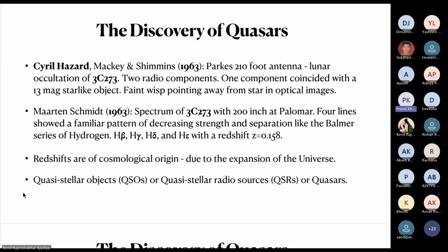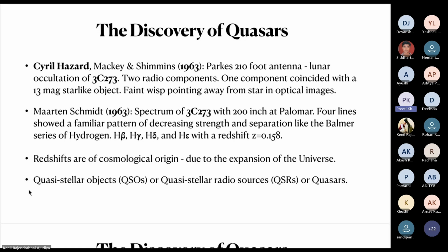Of course, now we know that these redshifts are of cosmological origin, and they are because of the expansion of the universe. And this was the start, the discovery, of quasi-stellar objects, QSOs, or quasi-stellar radio sources, which is short for quasars.